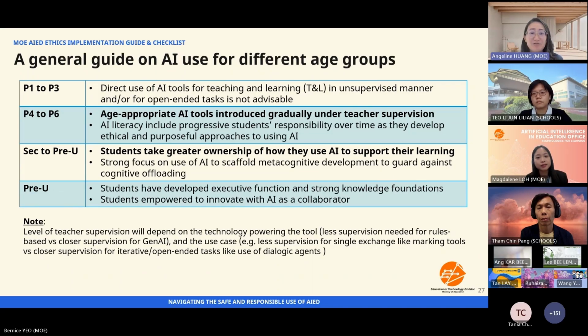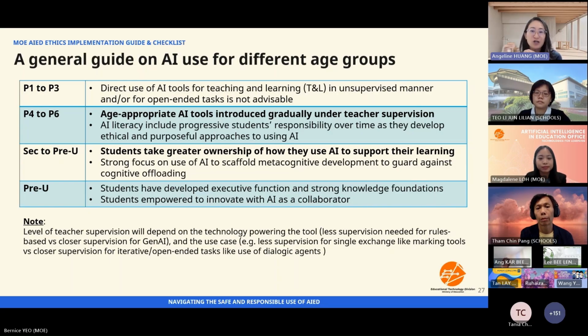The second thing I would really encourage the teachers to think about is how you intend to use generative AI. If it's, for example, to give feedback, which is one kind of exchange where you key in a certain response and then the generative AI gives you a response back, that is not so open-ended, which means the probability of students misusing it is quite low, so your supervision can be slightly lower.